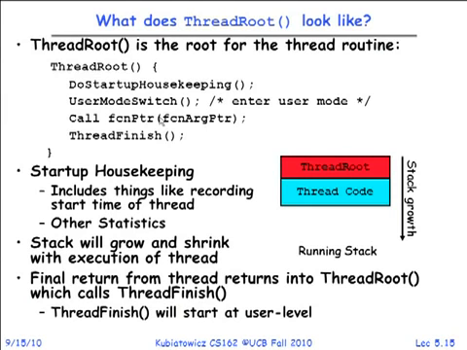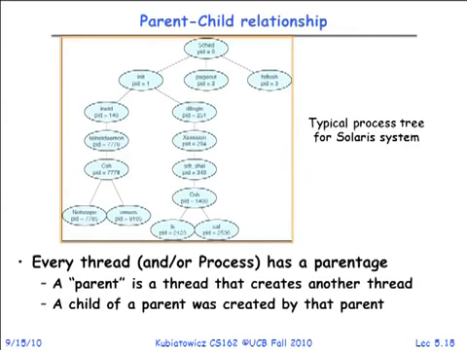Now, one thing that is kind of interesting is if you know how to use ps aux or you know how to use your task manager in the right way, you can actually notice that there's a parent-child relationship between processes or threads, which often start with thread 0 or process 0, depending on whether you're looking at threads or processes, and they each have things that they have created. And so the children of the init process is a set of things, and then these have children, and so on.